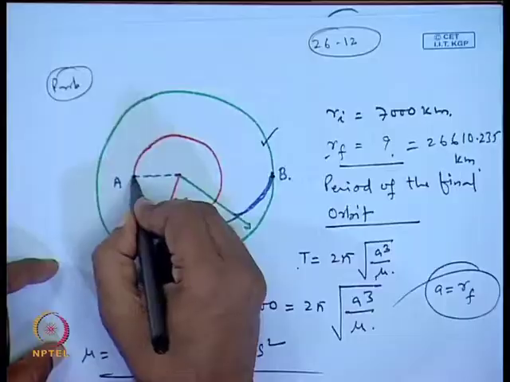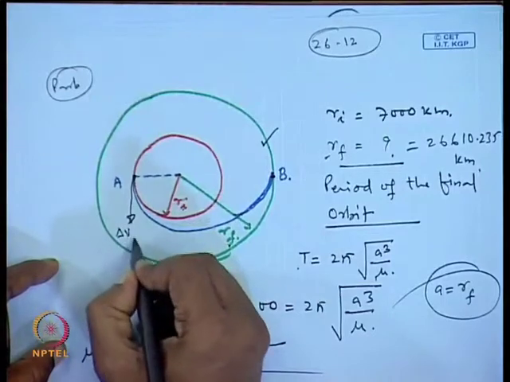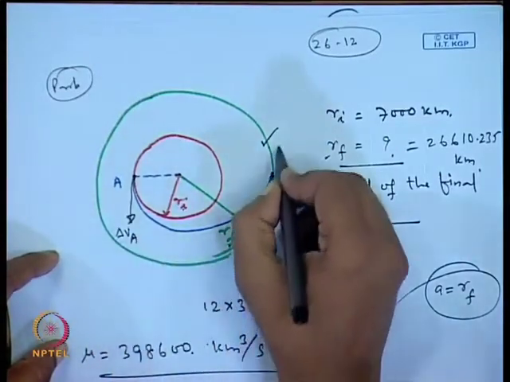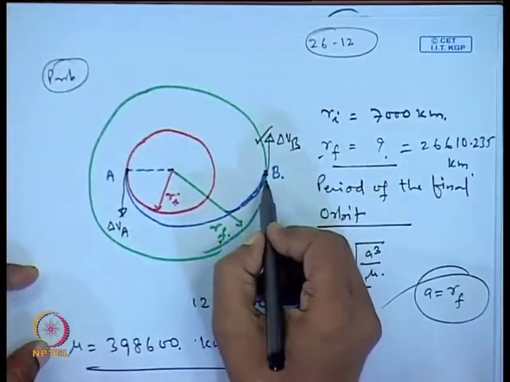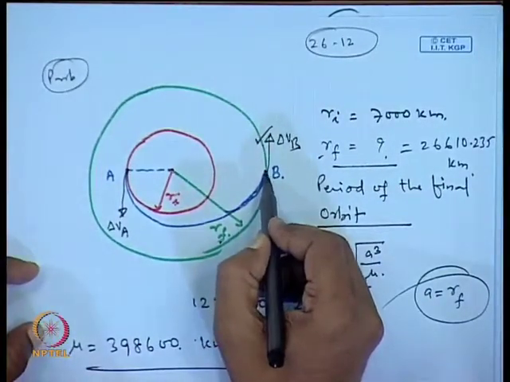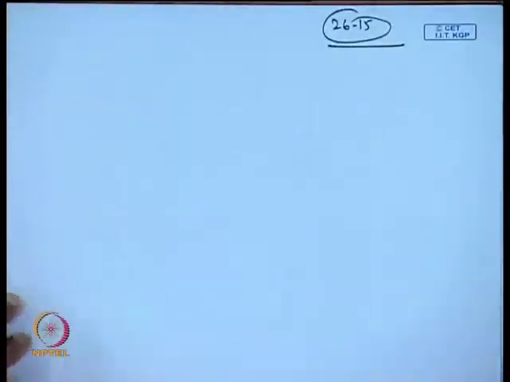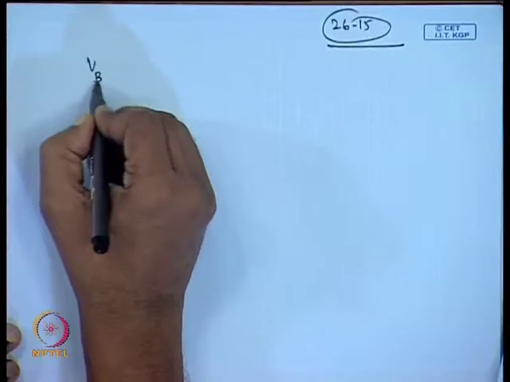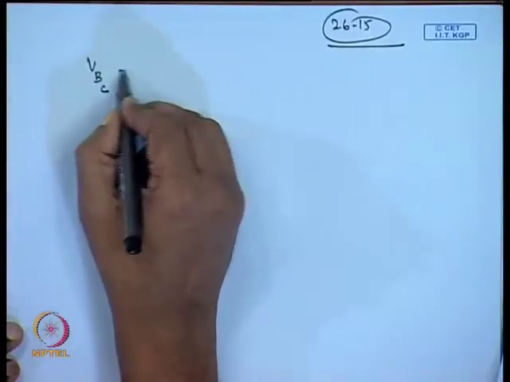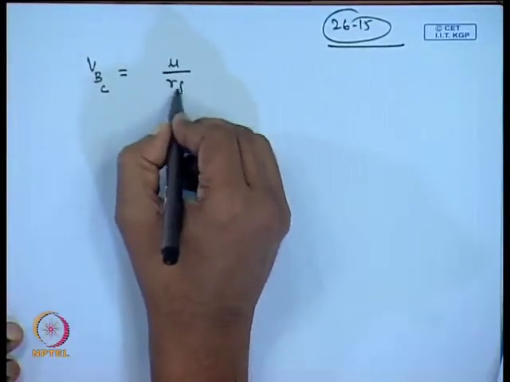Now, at this point here we give the delta V a impulse, and here we need to give delta V b impulse. Okay. So, you need to change the velocity at this point. So, you need to find the velocity in the circular orbit at B. So, V b in the circular orbit will be under root mu by R f.